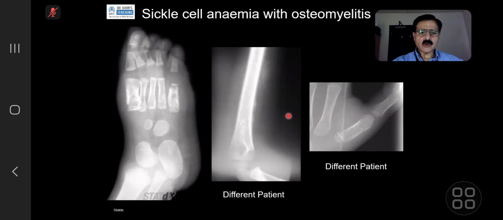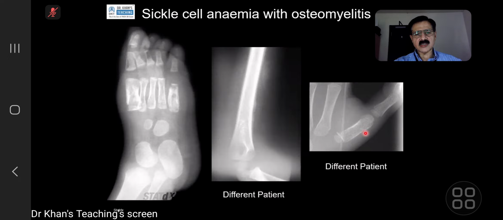Now, beware of sickle cell anemia with osteomyelitis. And all these films which are in front of you, all these examples can be filmed in the exam. Look here what's happening. If you look carefully, you can see this cortical breach here. And there is a lot of soft tissue thickening. So it looks like an aggressive lesion.